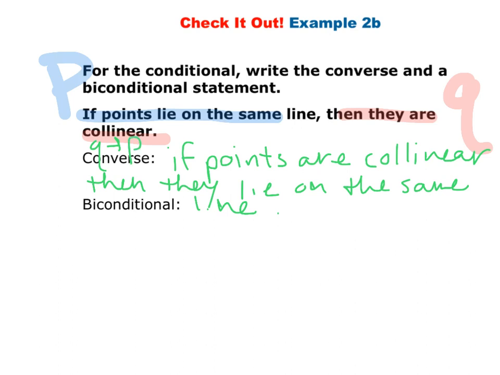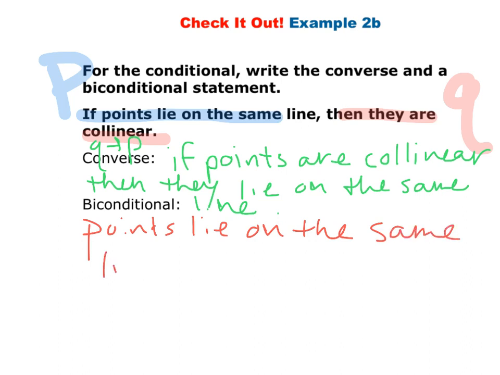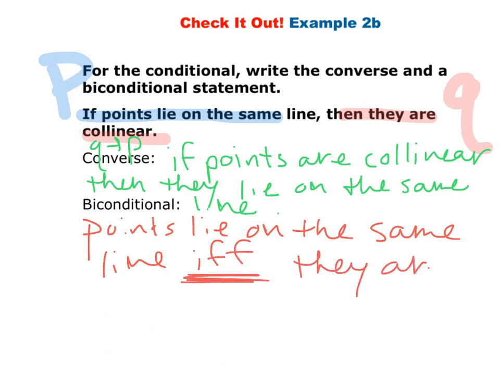Now our biconditional, we combine the two. Points lie on the same line, if and only if they are collinear.